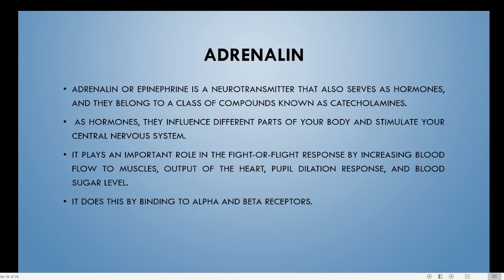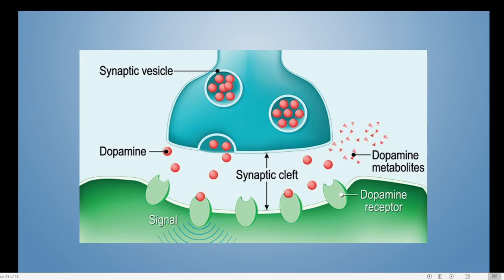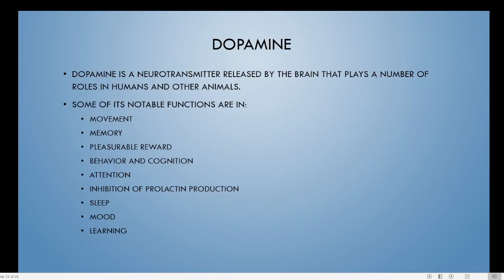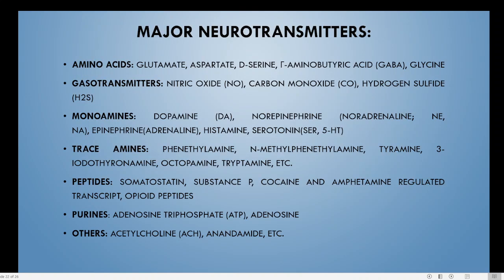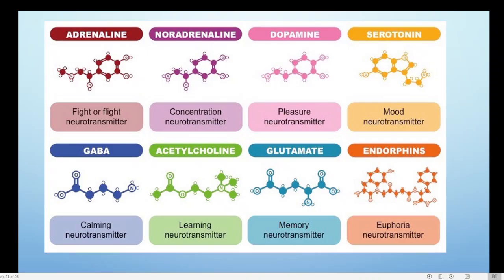We can also call it an emergency neurotransmitter. So this is an idea regarding various types of neurotransmitter: dopamine is one, then acetylcholine is another. Then you have to see what the general categories of neurotransmitter are. These are a brief outline of the various types of neurotransmitter.